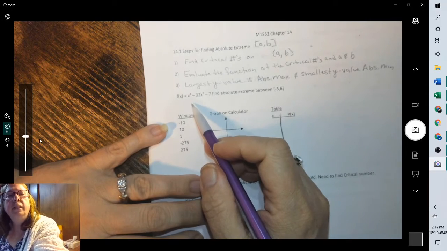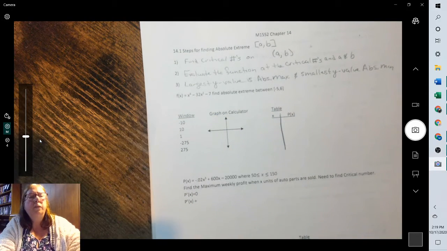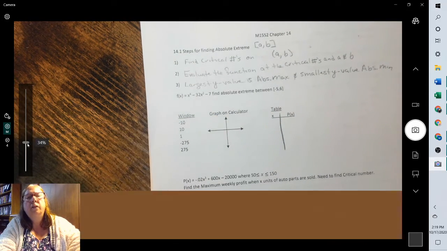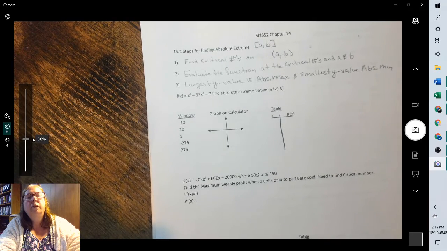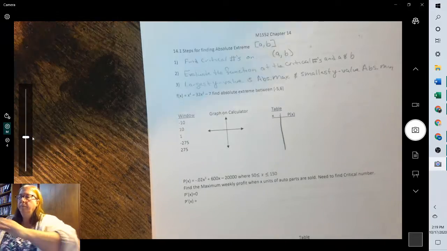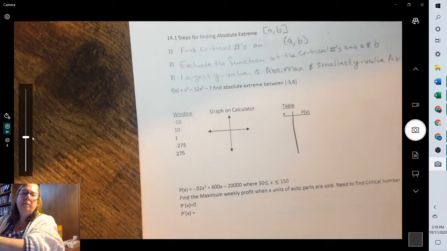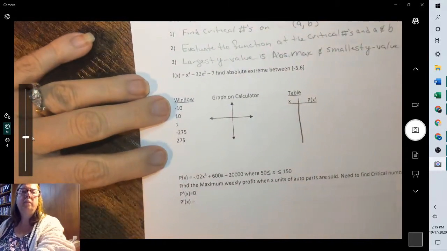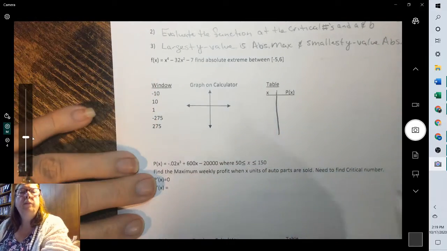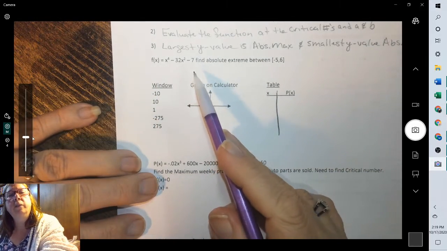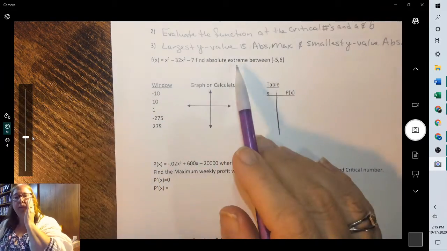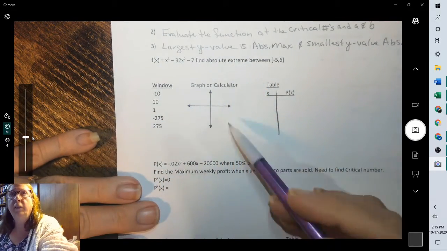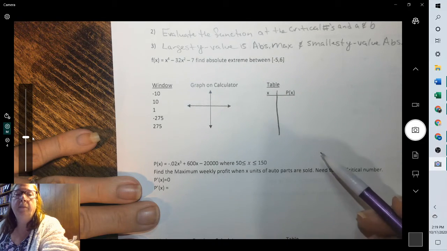It's f of x equals 4x to the 4th minus 32x squared minus 7, between -5 and 6. When it says absolute extrema, that means they want the absolute max and the absolute min.